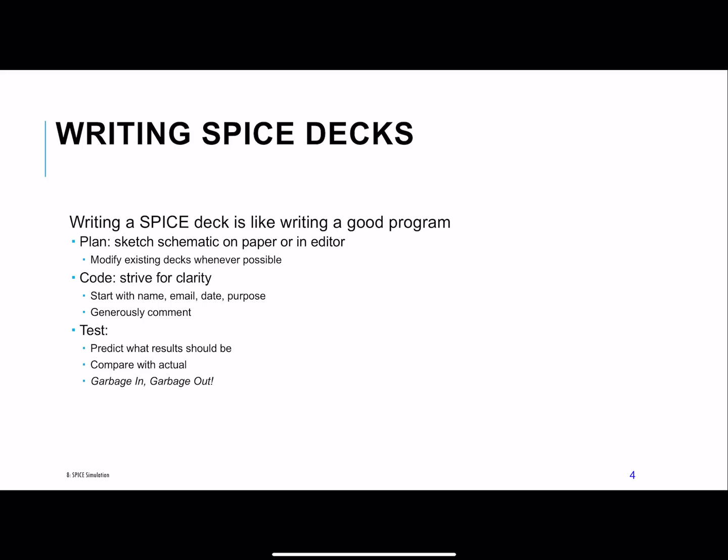A lot of times when I debug, I look at the netlist, and sometimes it's just easier to go in and modify the netlist. There are some things that are difficult to do in the schematic, like arraying things, where it might be easier to go straight into the netlist. So this is about how to write that SPICE netlist, or really the SPICE deck, going back historically to when computers with card readers would run this program.